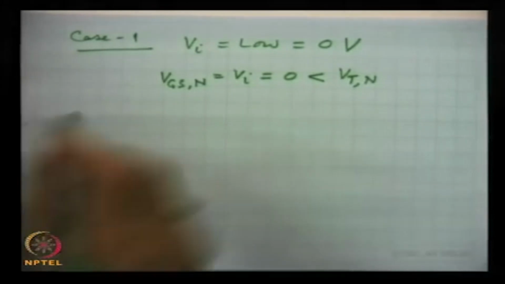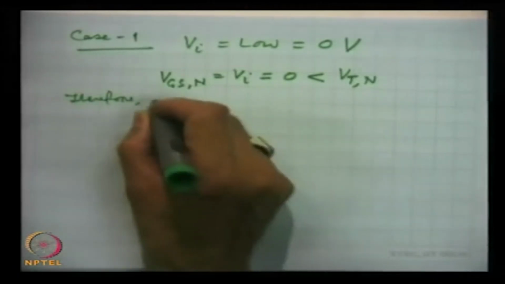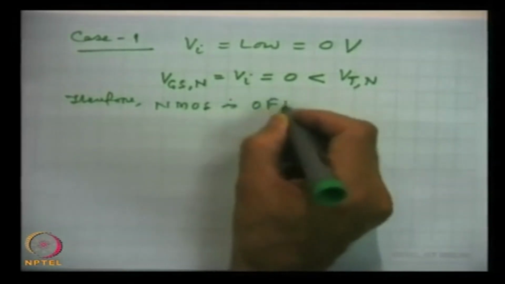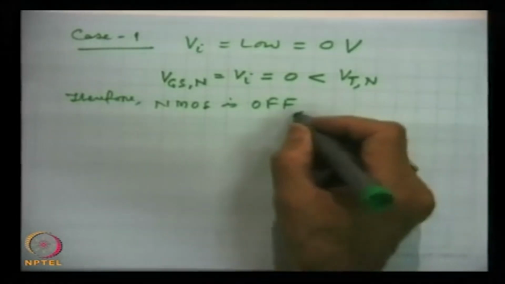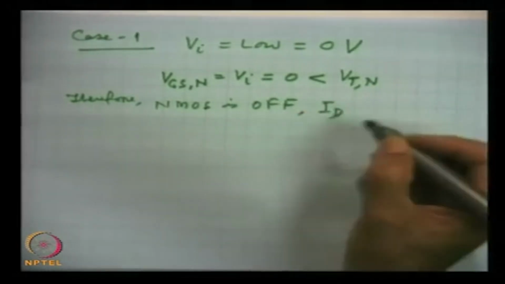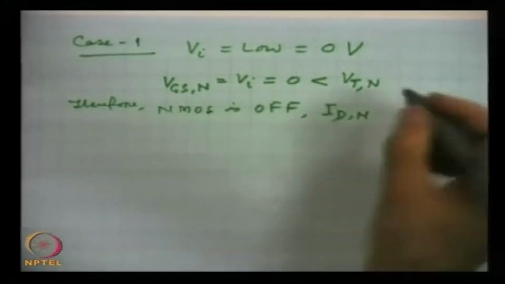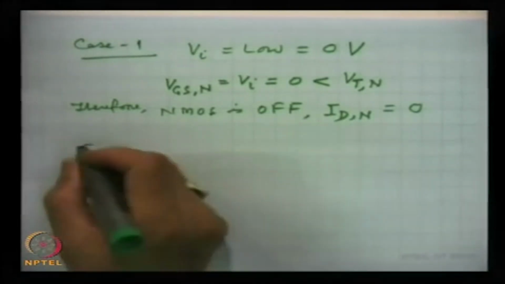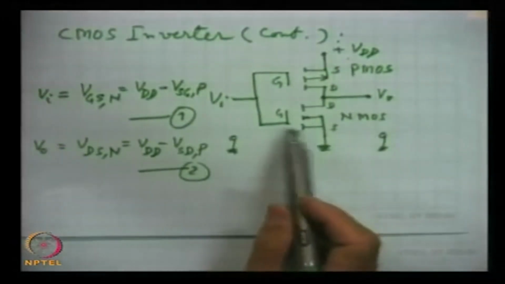Hence, the NMOS is in off state, and when the transistor is off, obviously the drain current IDN in the NMOS is equal to 0.